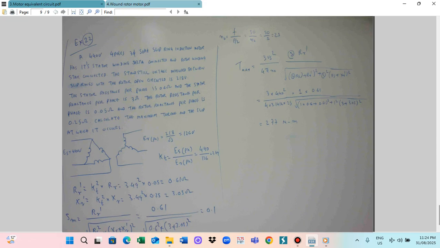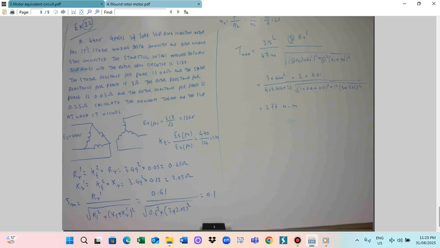So this is the stator winding and the rotor winding is star connected. So this is for the ER per phase. ER per phase you can calculate. So this is 218 divided by root 3, so this is 126 volt.